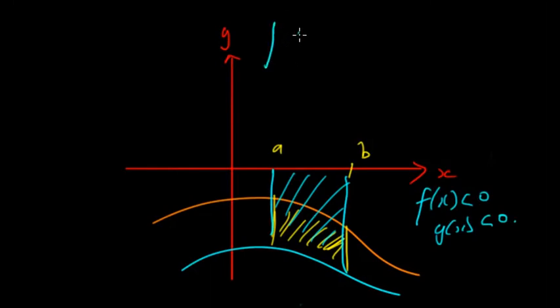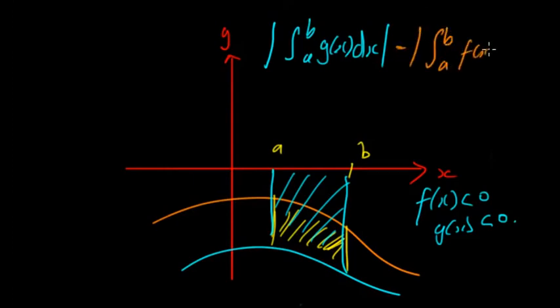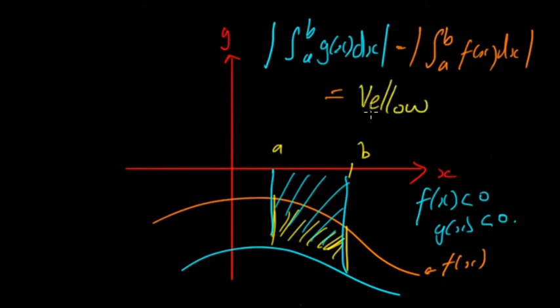So it's going to be the modulus of the integral from B to A of g(x) dx, minus the modulus of the integral from B to A of f(x) dx. And that will give us this yellow area, the area between the two curves.